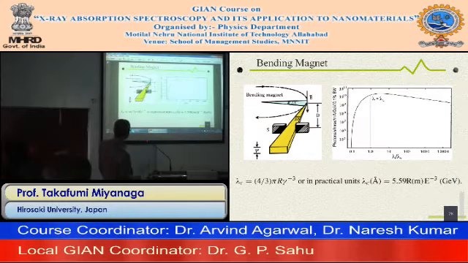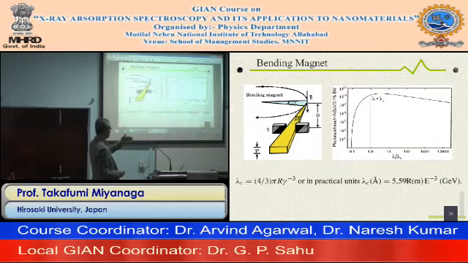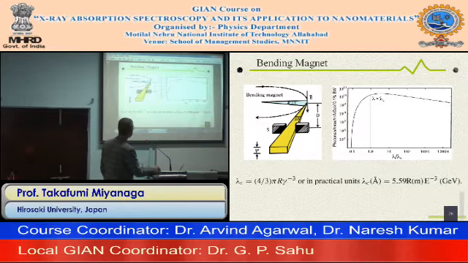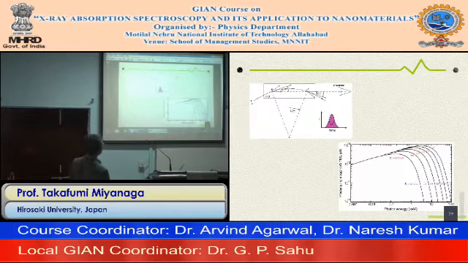The critical wavelength is calculated by these equations. R is the radius of the storage ring, and E is the energy of the ring operation. And here is another structure of the function of X-ray energies.